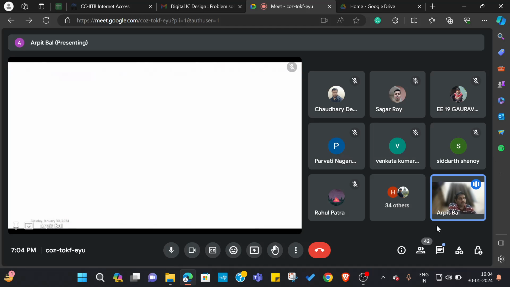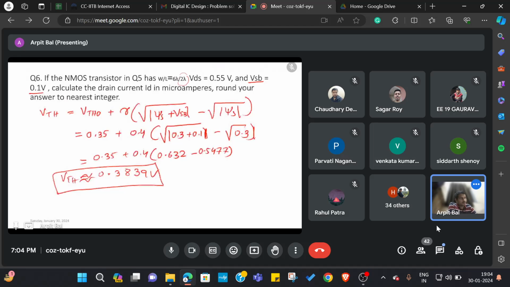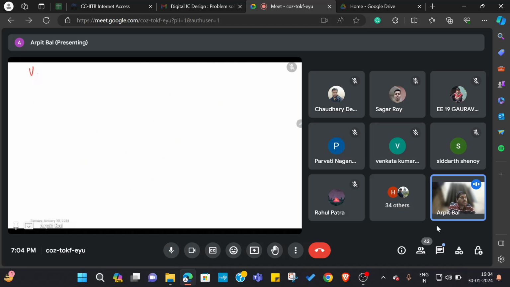Okay, so we have the VTH value here. What we need to figure out is what is VGS minus VTH. VGS we are going to use from the previous question. We took 0.92 minus VTH, which is 0.3839, that equals 0.5361.